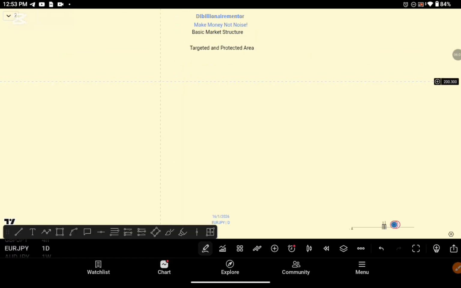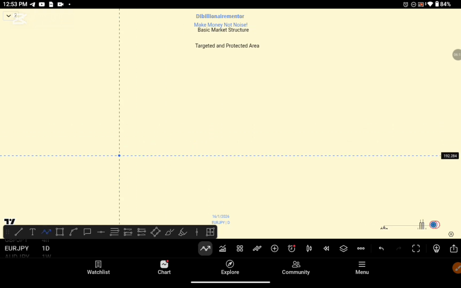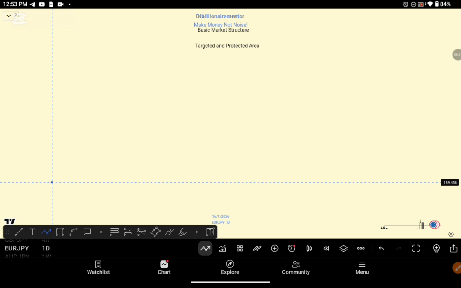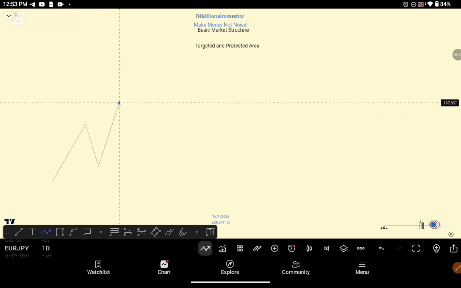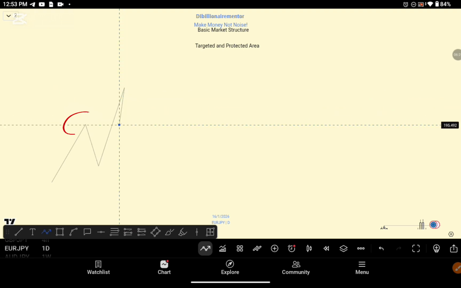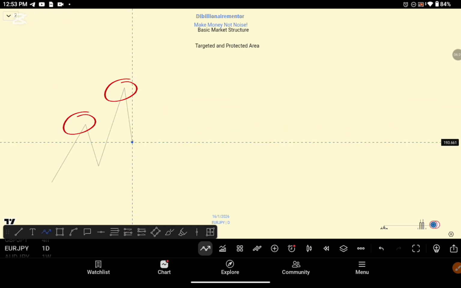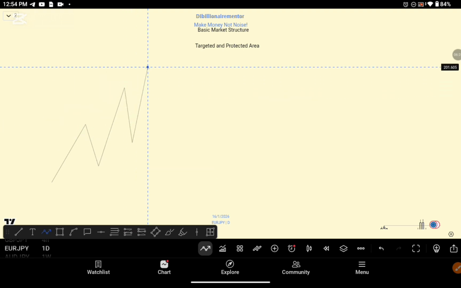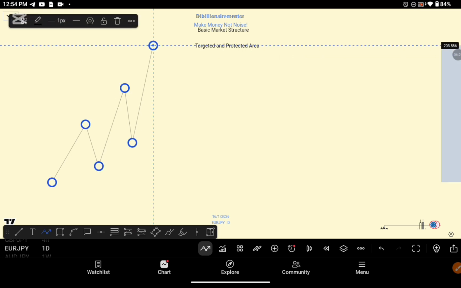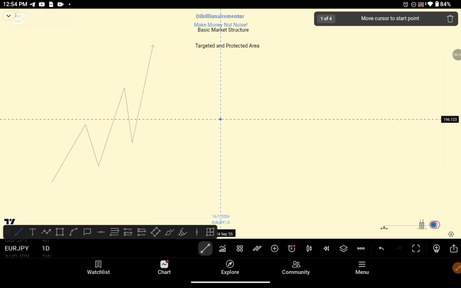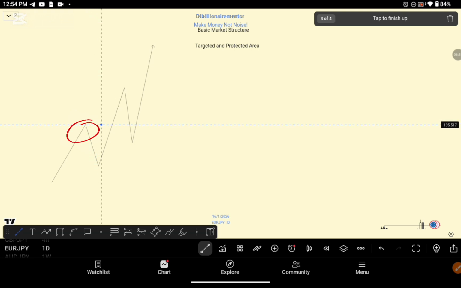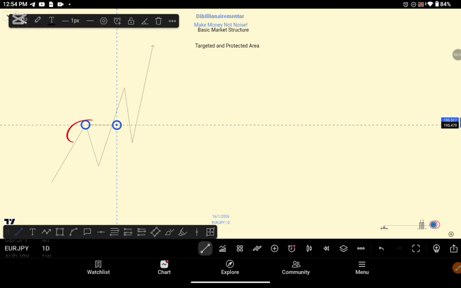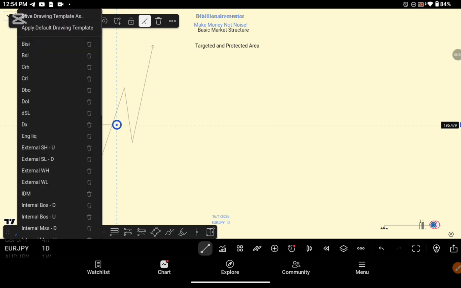So logically speaking, in an uptrend, or in a bullish market structure, we want to target the highs. Because we know that price will always violate every high. Logically speaking, this simply means this high here is going to be our targeted point. That is our targeted area.